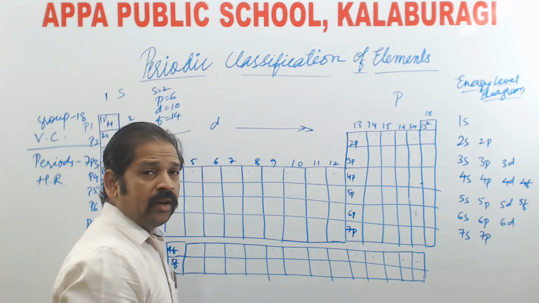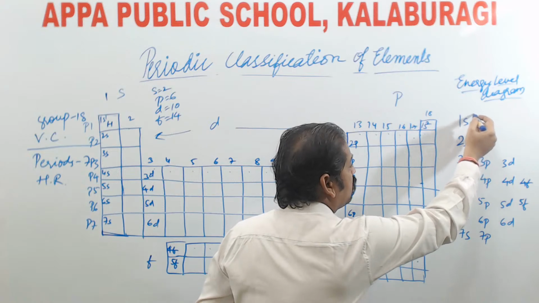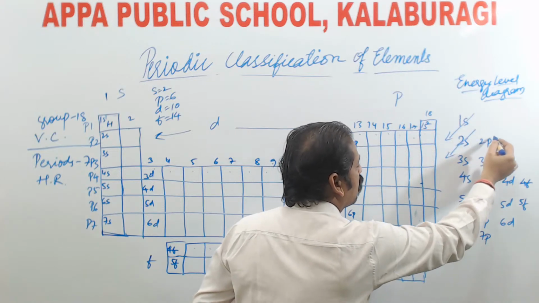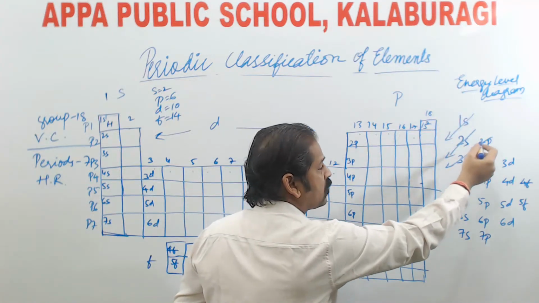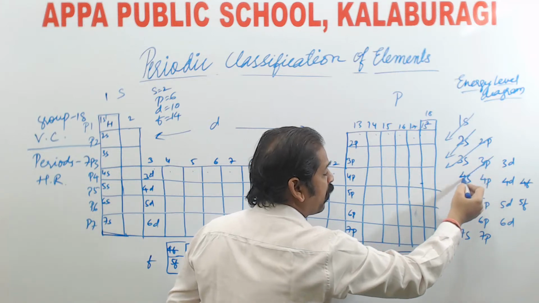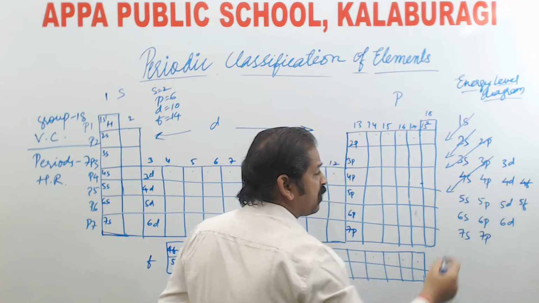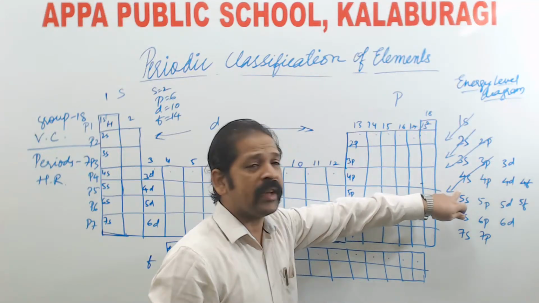Electrons will be arranged in this way: 1s, 2s, 2p, 3s, 3p, then 4s. After 3p it is not 3d actually. After 3p it is 4s.